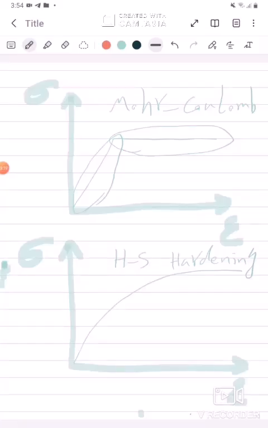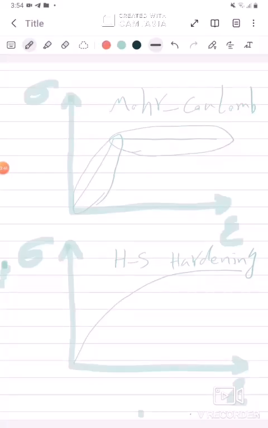Something that is important for comparing these two models is that before reaching failure condition, the Mohr-Coulomb model only behaves elastically, and there is no plastic strain in the material.